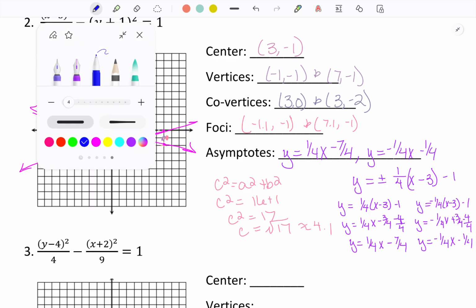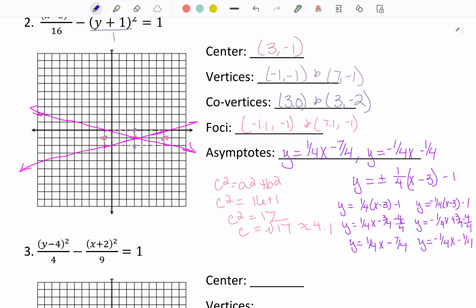And then we will draw in our curves. So we will have a little curve right here. And then over here.